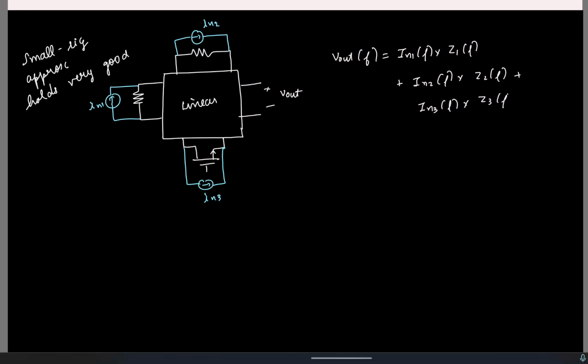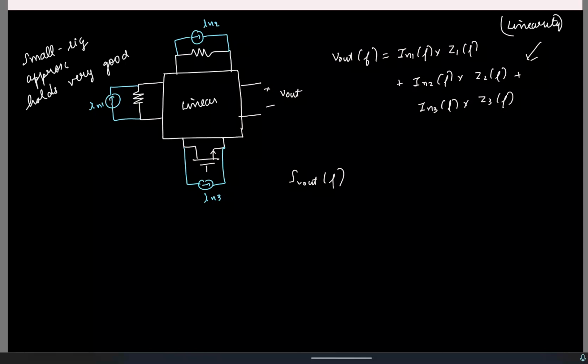The transfer function I am saying is z3, right? Some impedance. So this is my spectrum or the Fourier transform. If I want to find the power spectral density, this comes basically due to linearity. Okay, let me write that also. I am able to write this because the circuit is linear, at least for noise.